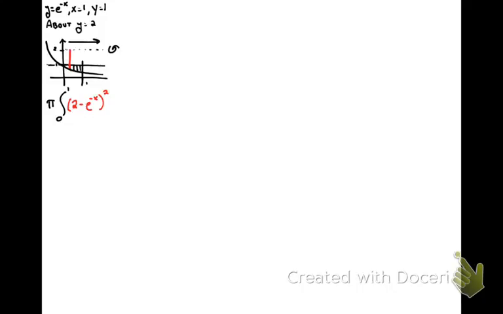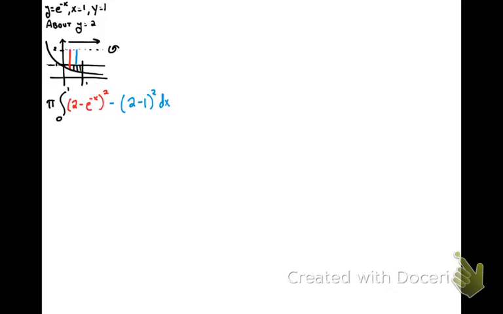So now we have an expression for those huge circles. But there's a piece in the middle that's missing, and the piece that's missing goes from 2 to 1, and that can be expressed as 2 minus 1 squared dx. And so here's our integral.